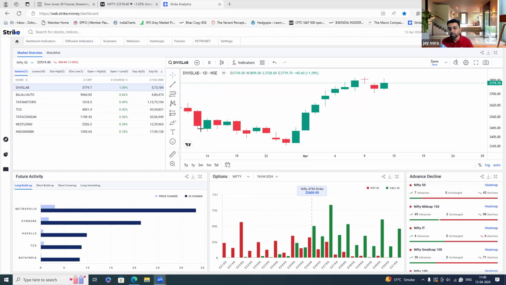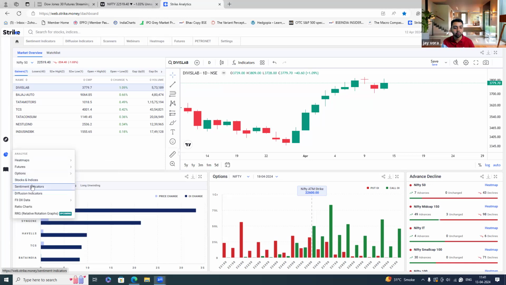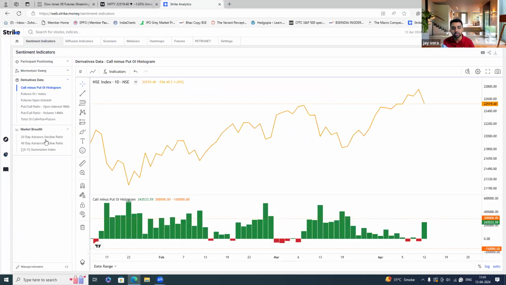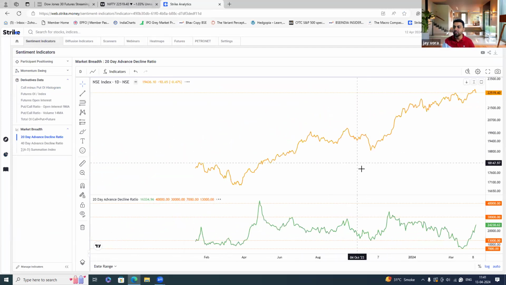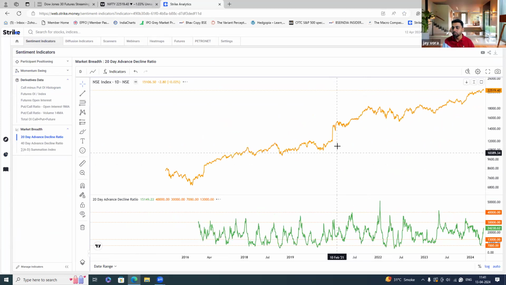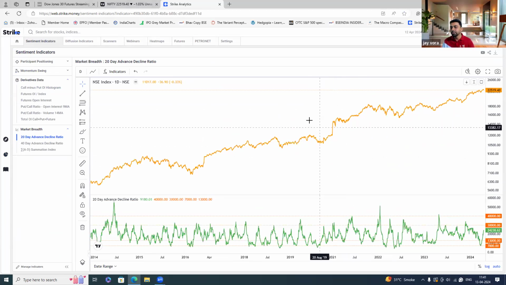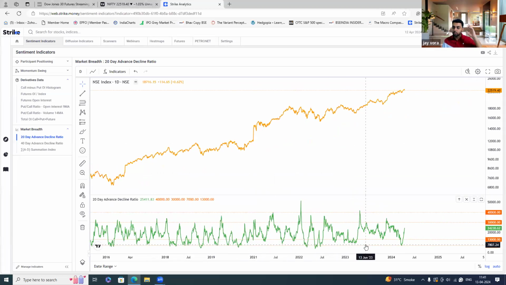There is one question someone has posted in the chat box: why does your AD summation have a huge downward bias? Over a period of time, kachra stocks keep going down only. In our case, we have approximately 7,000 stocks in BSE now, and the data that we take is for all the BSE stocks.